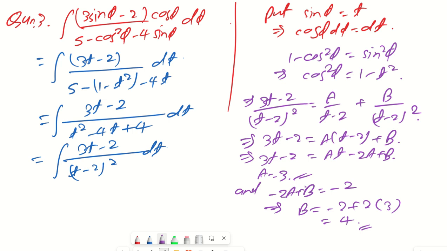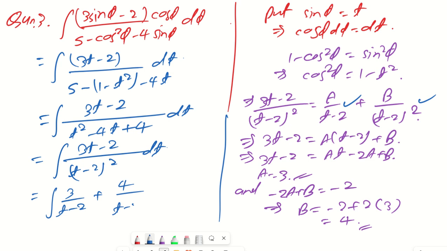So my integration is now going to be integration of a by (t minus 2) and b by (t minus 2) whole square. So 3 by (t minus 2) plus 4 by (t minus 2) whole square dt.